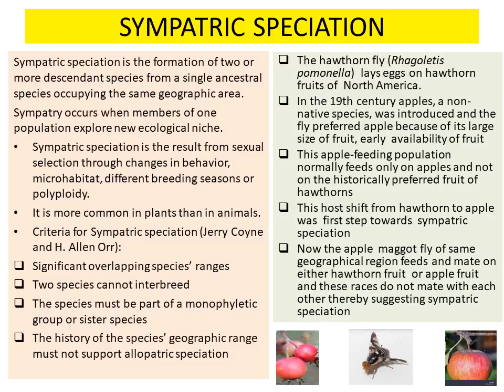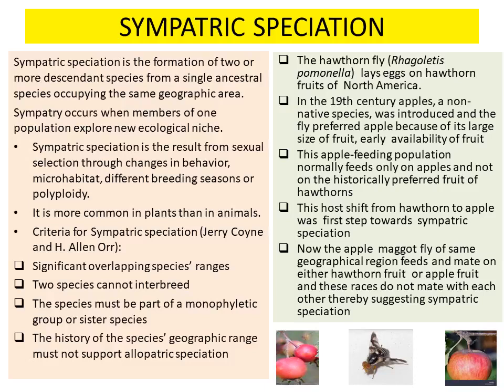Some of the hawthorn flies preferred the apple fruit because of the early availability of fruit. Second, the size of the fruit is very big. It can make a big tunnel, right? And those hawthorn flies which prefer apple fruit normally feed only on apple, not on the hawthorn fruit.